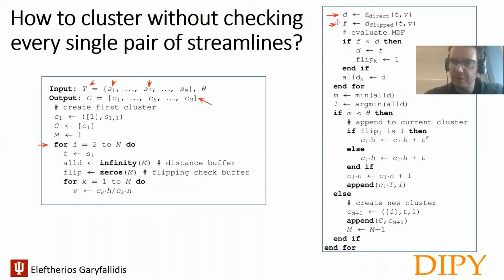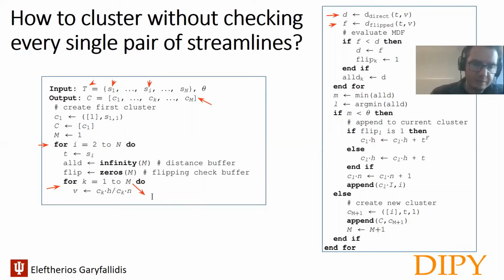So here is where you calculate the MDF distance. And then here you go through the clusters. So you have another for loop that goes through the clusters. As you go through the streamlines, you also create the clusters dynamically. And the number of clusters is shown here, that's the number of clusters with M.